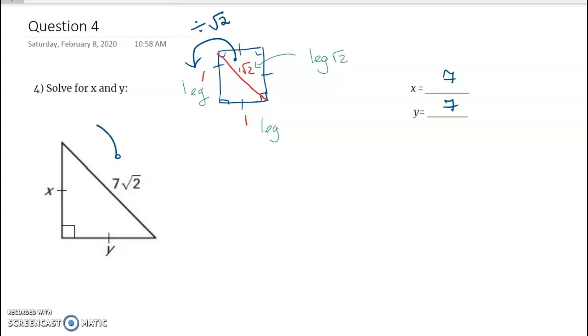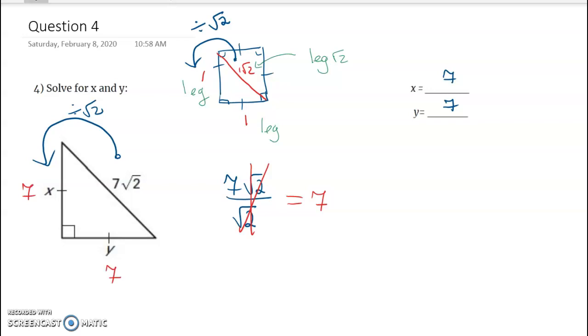So what I need to do is divide my hypotenuse, 7 root 2, by a square root of 2. And when I do that, the square root of 2's cancel out, and I simply get 7. And again, I understand that both legs are congruent, so they both must be 7.